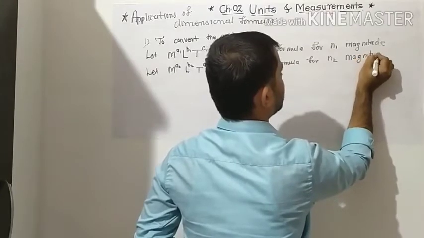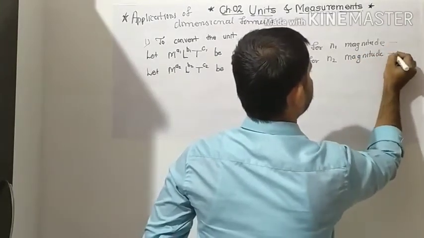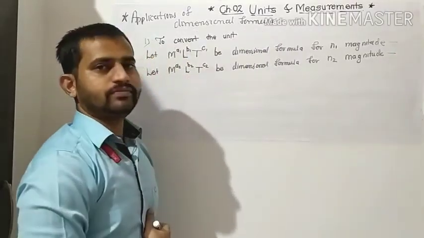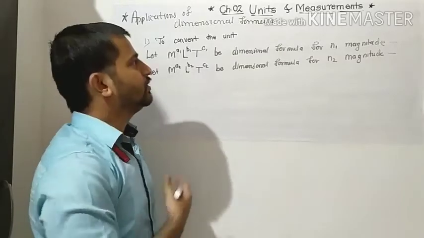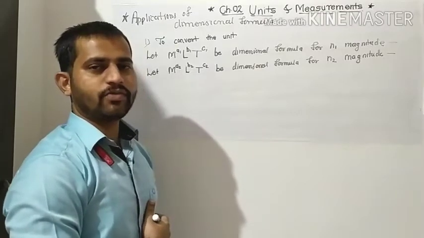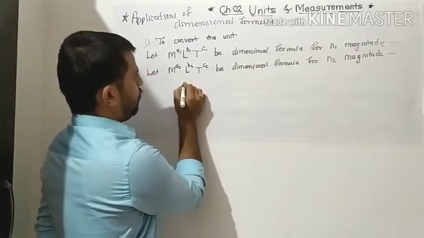We are going to change the units from the first system to the second system. Then according to our rule, the dimensional formula remains the same, so we can write it as n1.